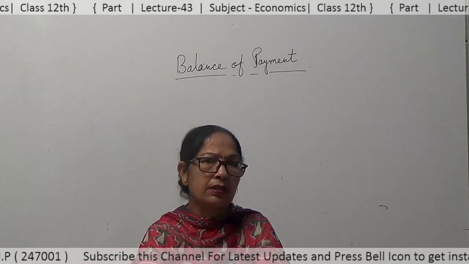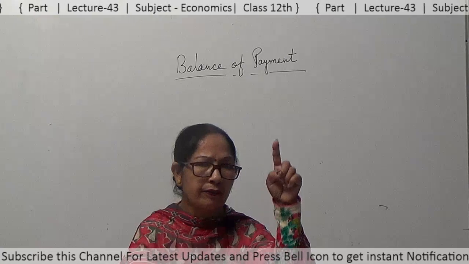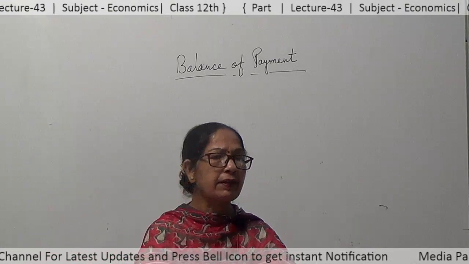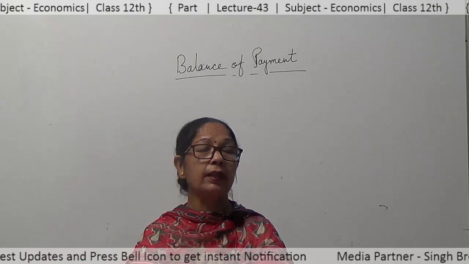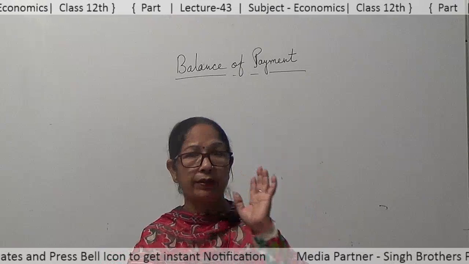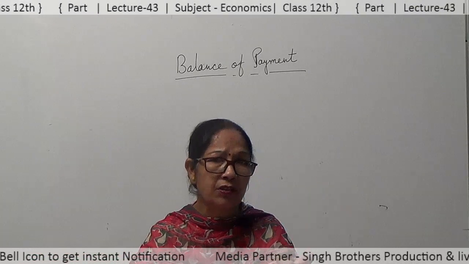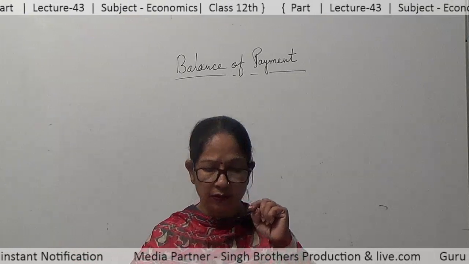Balance of payment, you have already noted that 8 rows were there, 4 in credit, 4 in debit. These together make balance of payment account, and BOT only includes row 1 and row 5. In row 1 there was export of goods, in row 5 there was import of goods.